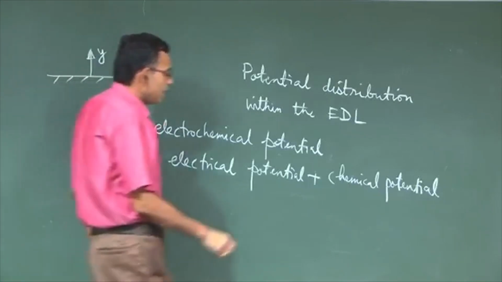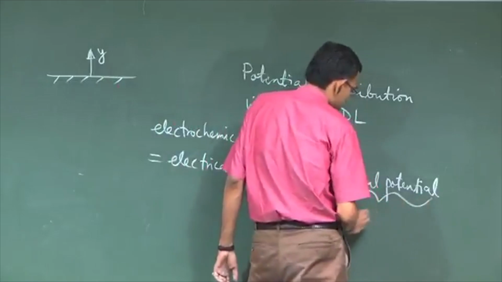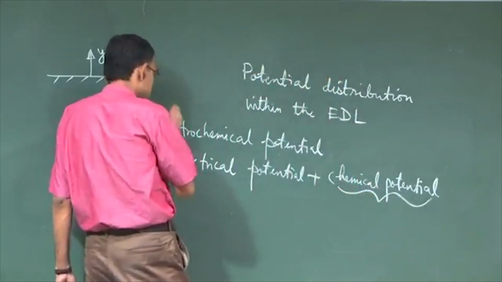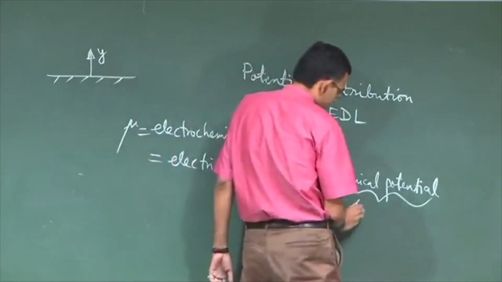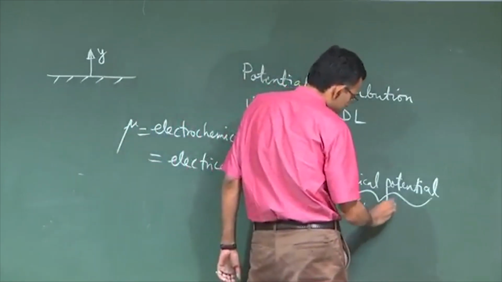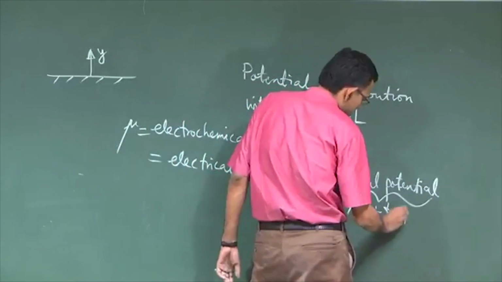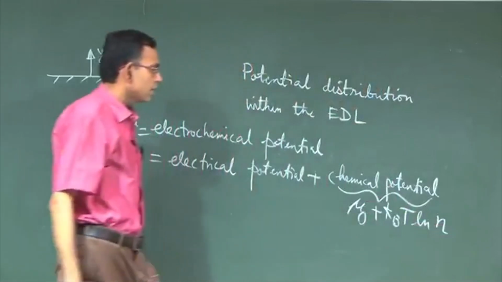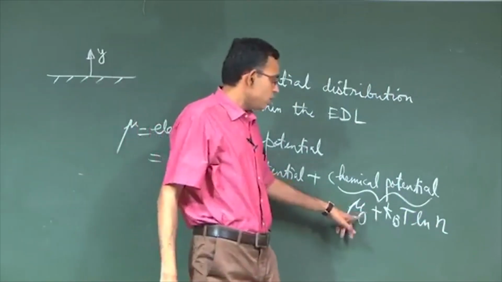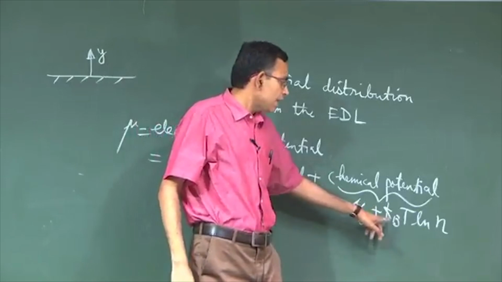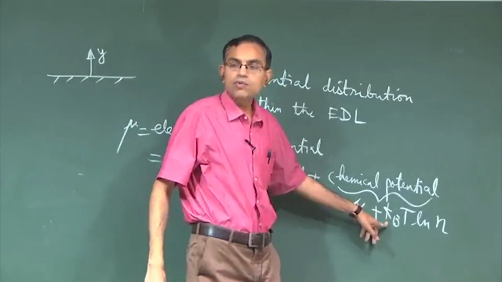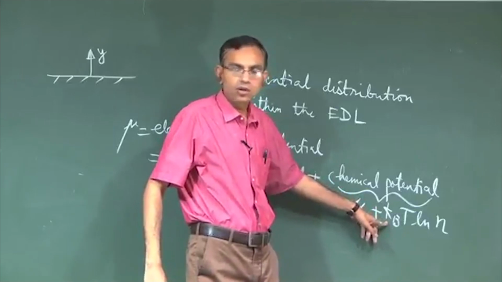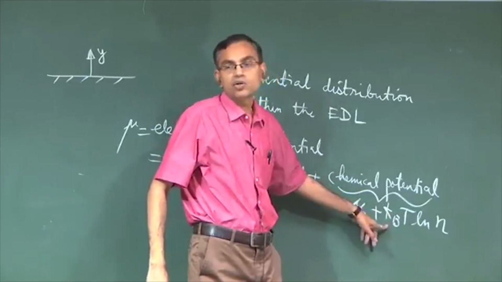So, the chemical potential, let us call it mu. Here mu naught is a reference potential, Kb is the Boltzmann constant, which is the universal constant, 8.314 kilojoule per kilomole Kelvin, divided by Avogadro number.